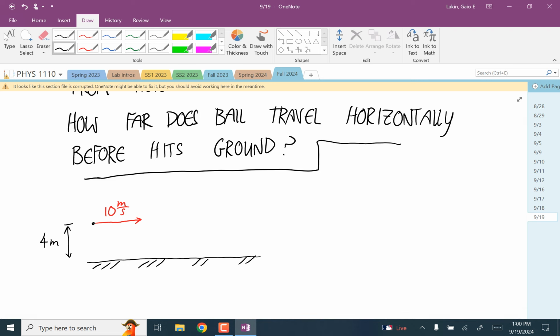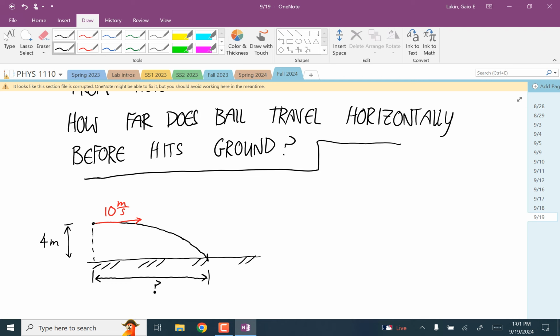And it's going to follow a parabolic path down to the ground. And we want to know what this distance is.